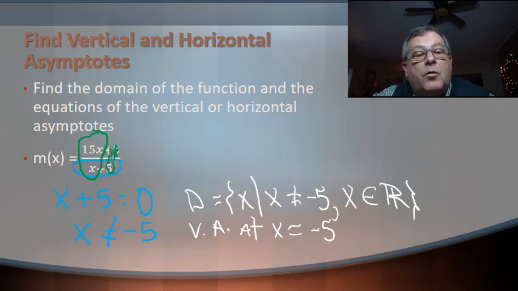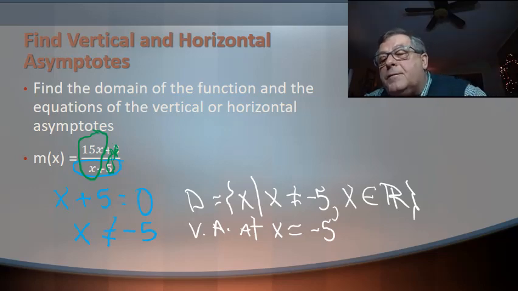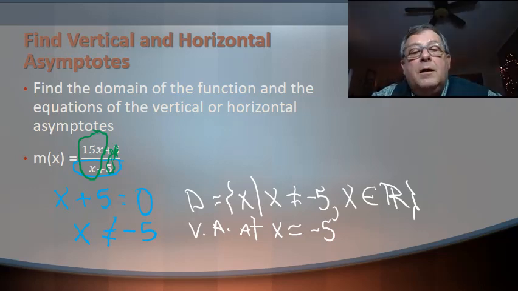Now, if you go back to our rules, the highest power of my numerator equals the highest power of my denominator. And so to determine this horizontal asymptote, I am looking at the ratio of the lead coefficients. Even though we don't have a number 1 in front of this x, we assume, since there's nothing there, it's 1. So I've got a ratio of 15/1.